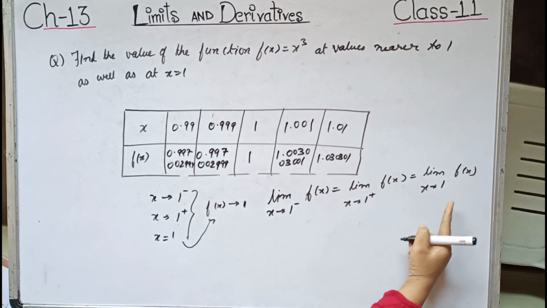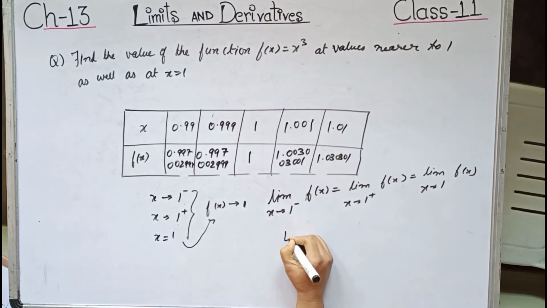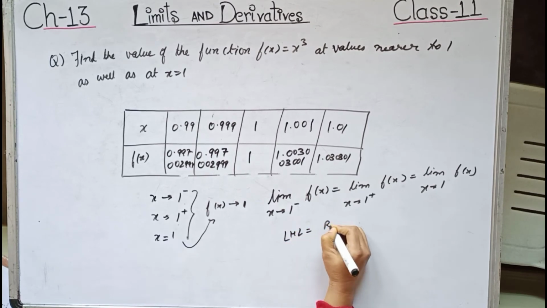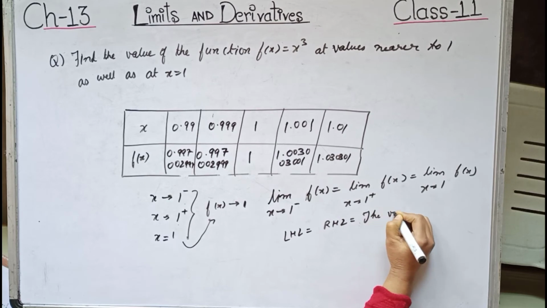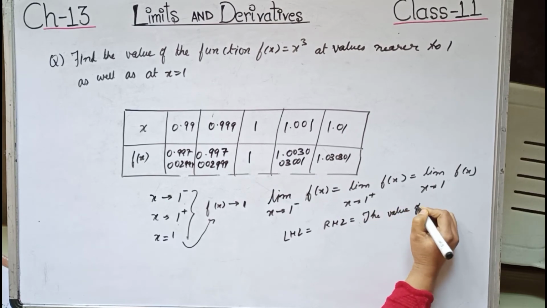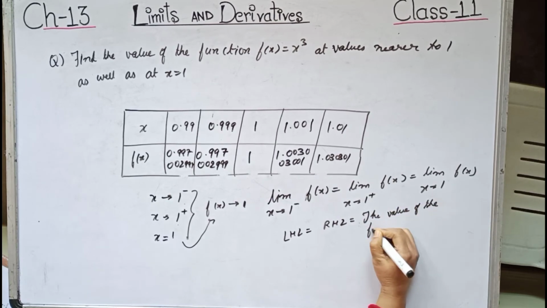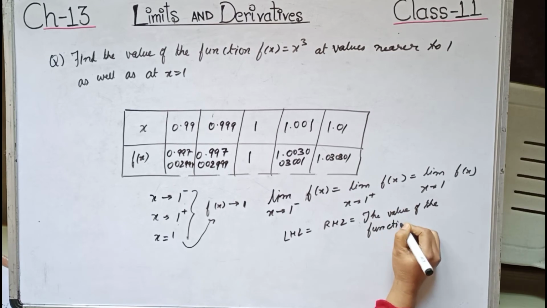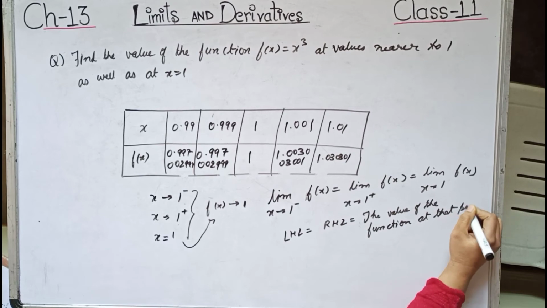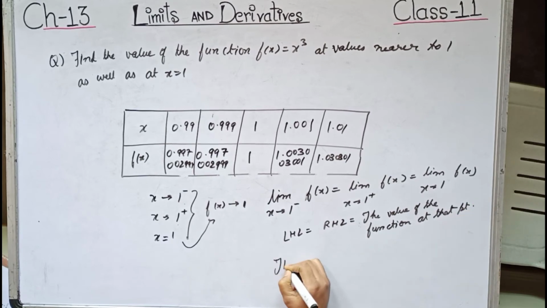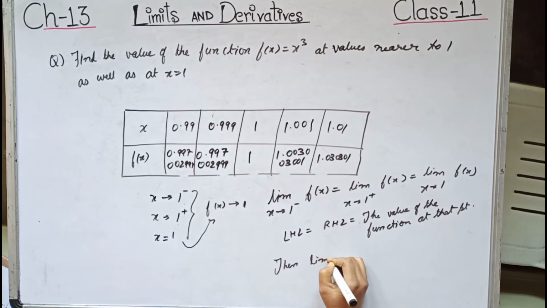So if such case arises that left hand limit equals to right hand limit equals to the value of the function at that point, then limit exists.